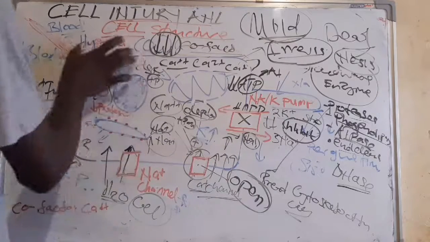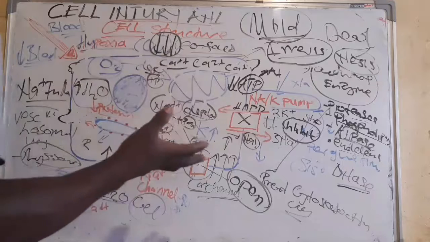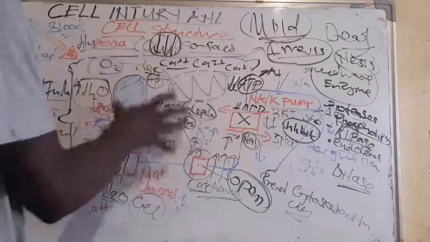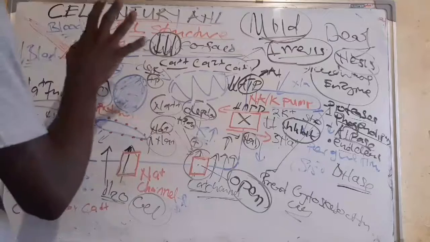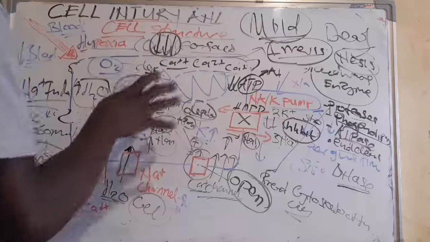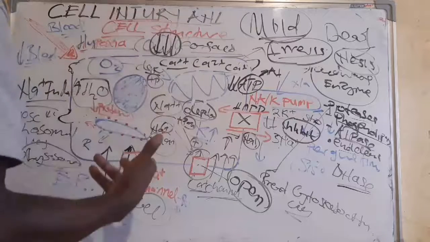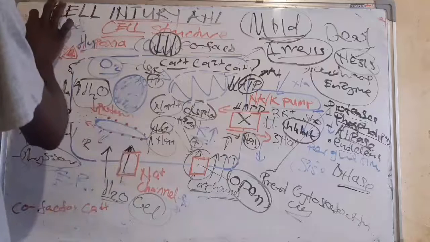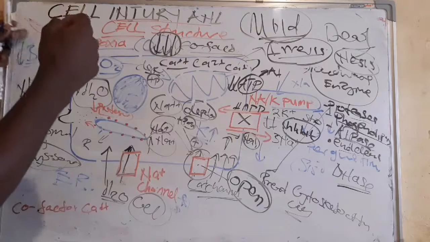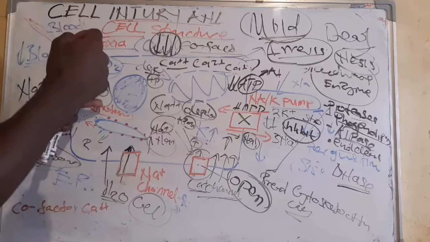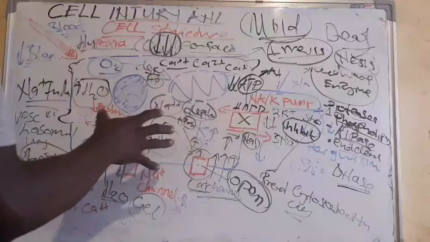But the main cause is hypoxia. Even some chemicals can cause the injury, but the main cause is hypoxia. Hypoxia simply means a reduction in oxygen, which is caused by a decrease in oxygen supply to the cell. So this is necrosis. Okay.